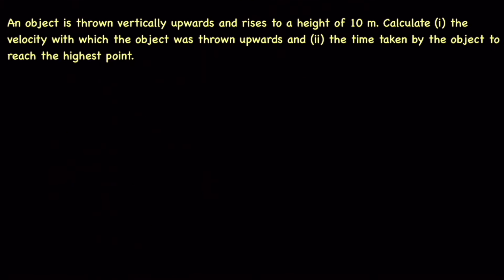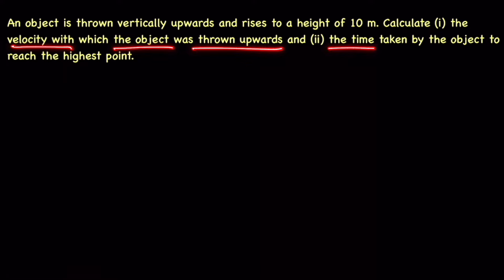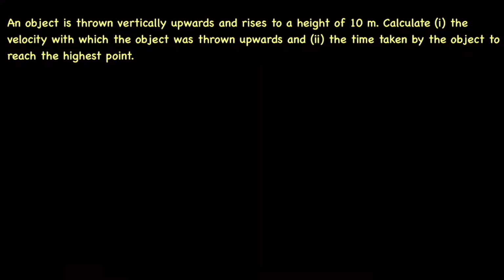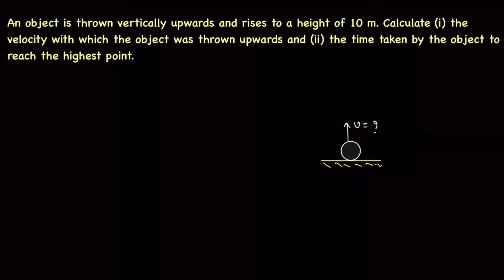In this question, an object is thrown vertically upward and rises to a height of 10 meter. Calculate, first, the velocity with which the ball was thrown upward, and second, the time taken by the object to reach the highest point. So according to the question, if this is the surface and here is a ball, this ball is thrown with a certain velocity u, which is not given and we have to find it.